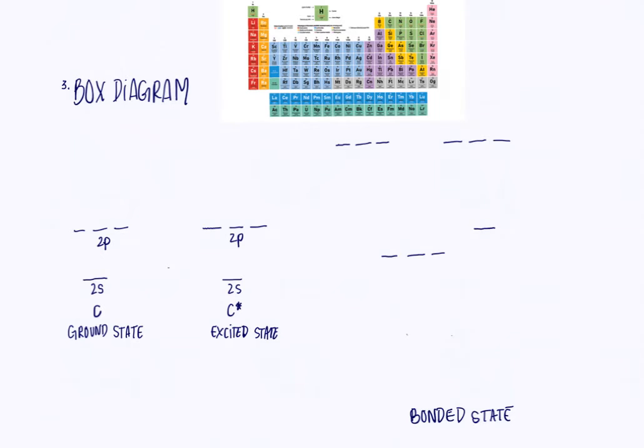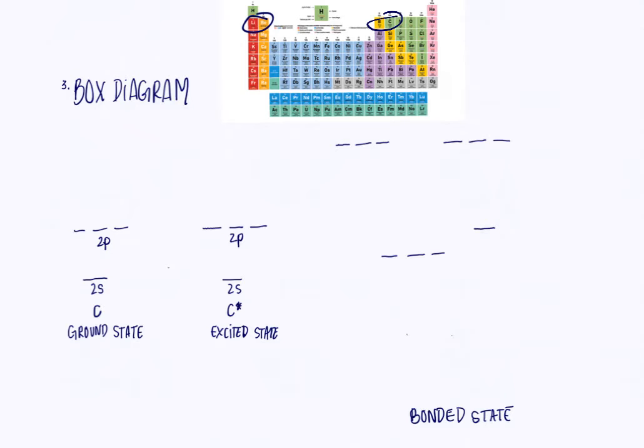Right now, we're going to be drawing our electron box diagram for tetrabromoethylene. So starting off, we are going to write our ground state for just carbon. We can see we have our periodic table right here, and we know that carbon is in period 2, so we have our S and our P block, correct?